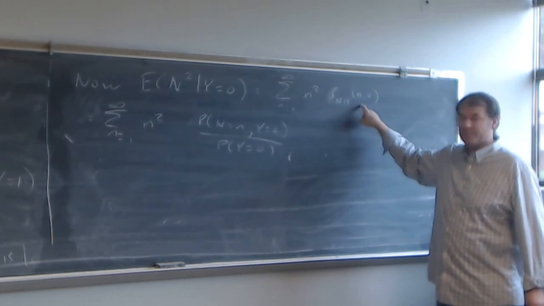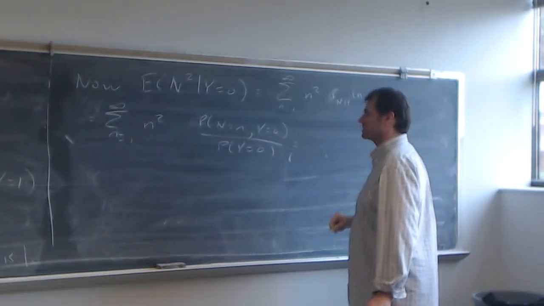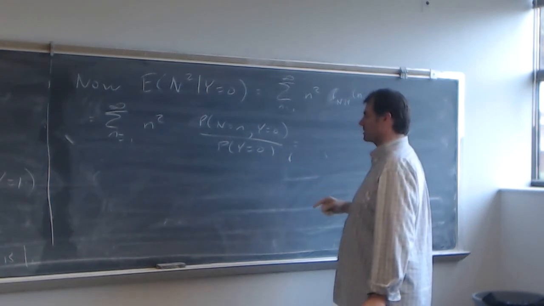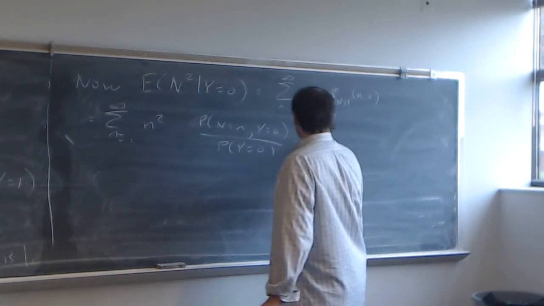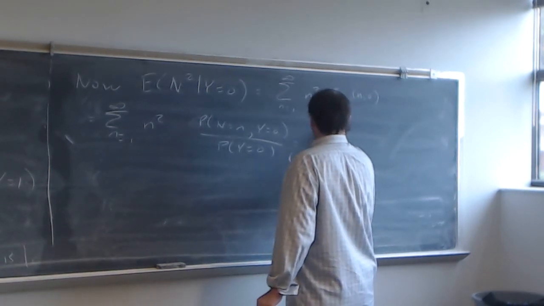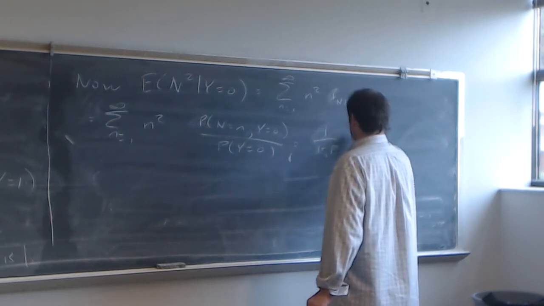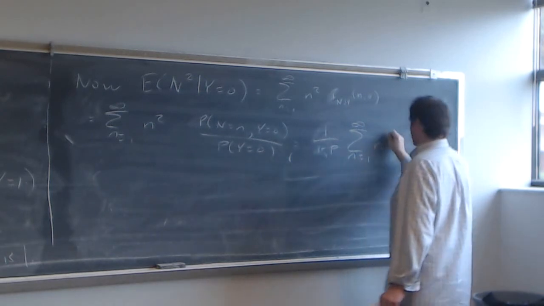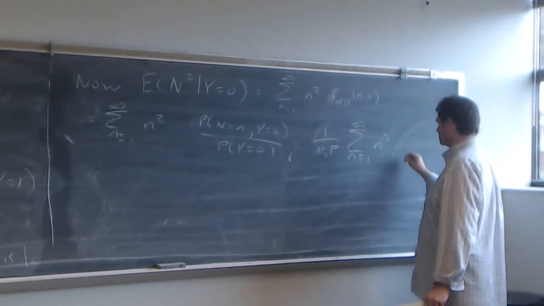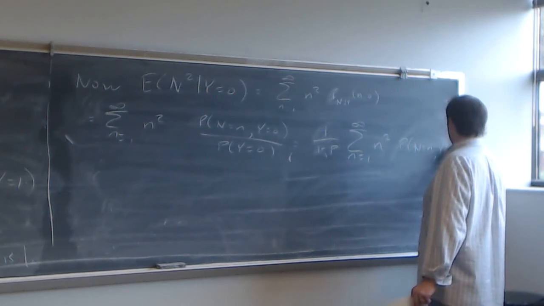This is the conditional PMF. I just rewrote it in terms of what it's equal to. The probability Y is equal to 0, we already did that. That's 1 minus p. I can pull that out. So this is 1 over 1 minus p times the sum as n runs from 1 to infinity of n squared times the probability that N is equal to n and Y is equal to 0.